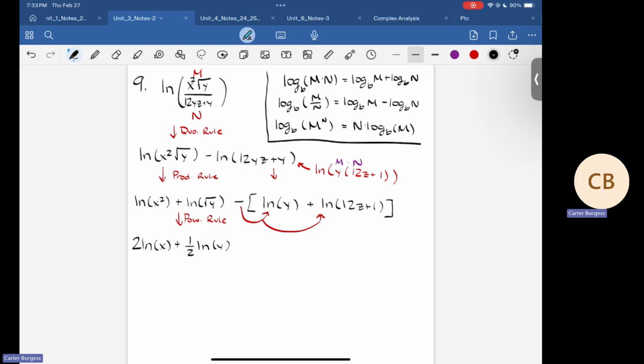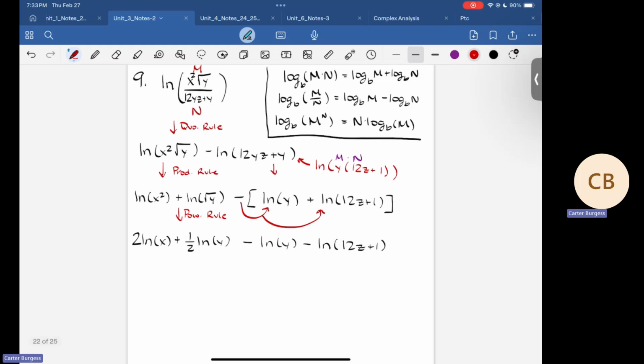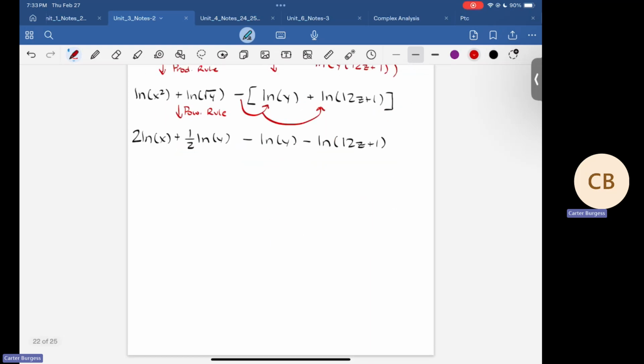And so this becomes the negative ln of y minus the ln of 12z plus 1. You would not have to do this, but it could be observed that these are like terms and would combine to be the negative 1/2 times the ln of y. Unnecessary, though. This should give you full credit as well.